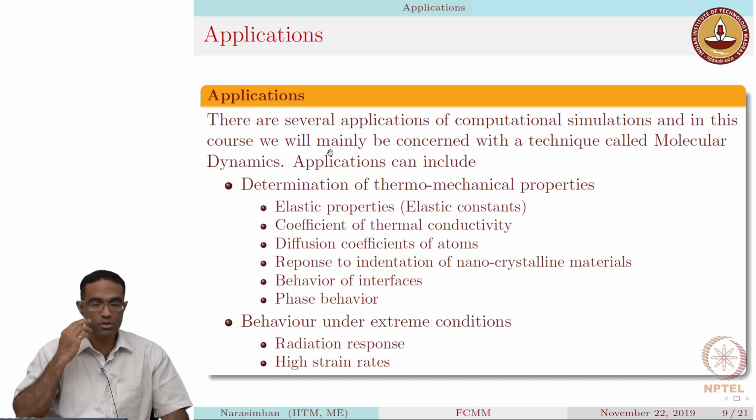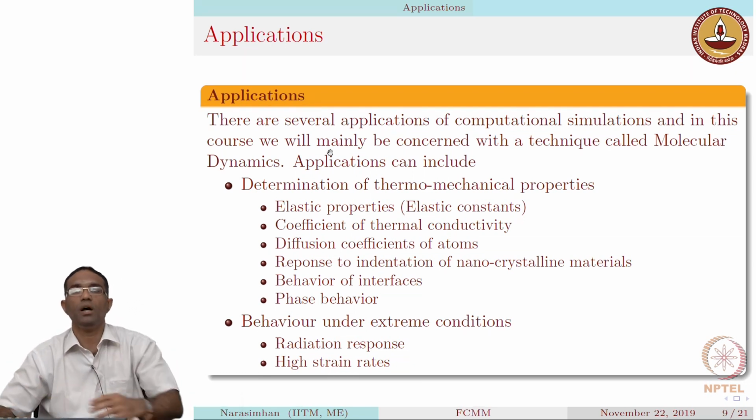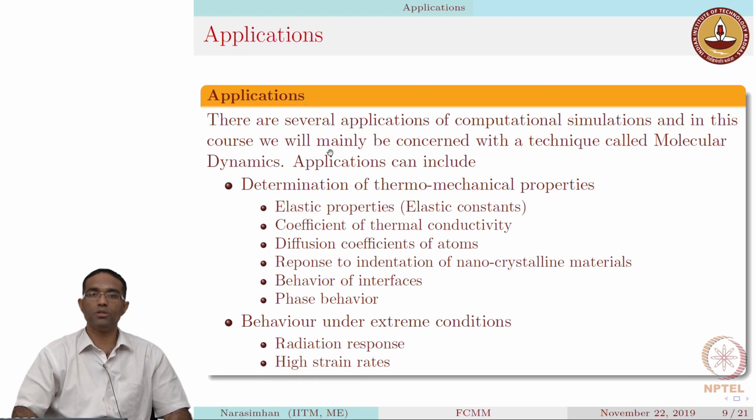So radiation response is a good example where molecular dynamics simulations are extremely useful, because the time scales in which the point defects are generated and the time scales in which molecular dynamics simulations function are comparable.